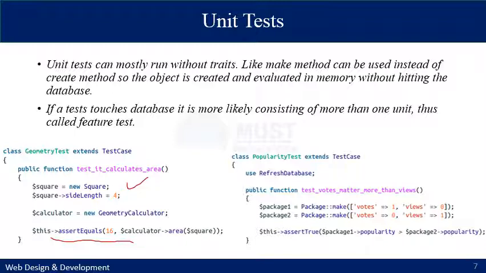If a test touches the database, it more likely consists of one or more units, and is therefore called a feature test. In this case we have used the RefreshDatabase trait, and we have tested two packages with the popularity property of each.